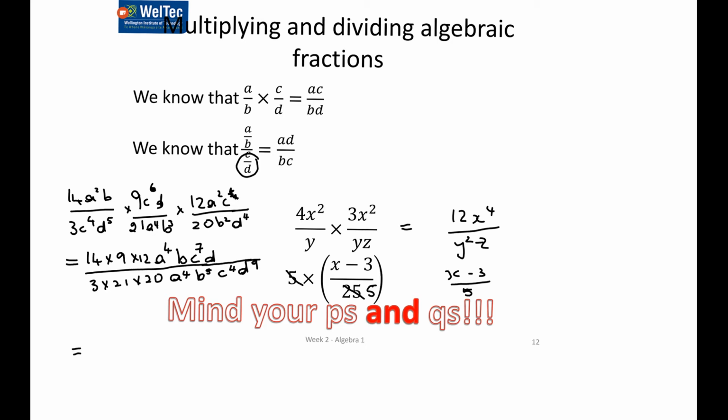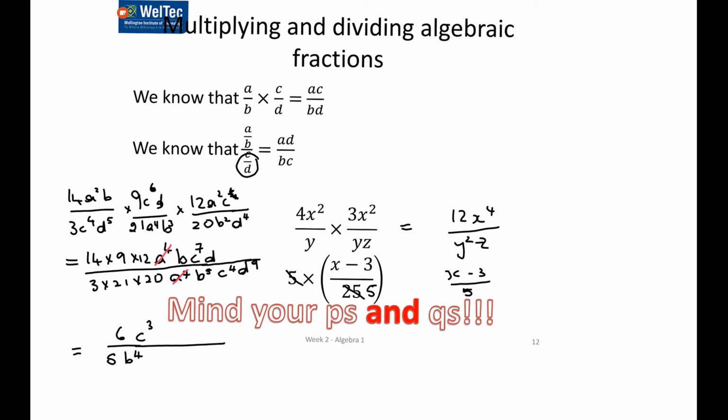So if we do the numbery bits on our calculator, we end up with 6 over 5. Now I'm thinking that the A's are going to cancel. One of those B's is going to cancel with one of those, so we're left with B to the 4. I'm thinking the C's, we've got 7 on the top and 4 on the bottom, so that would be 3 on the top.